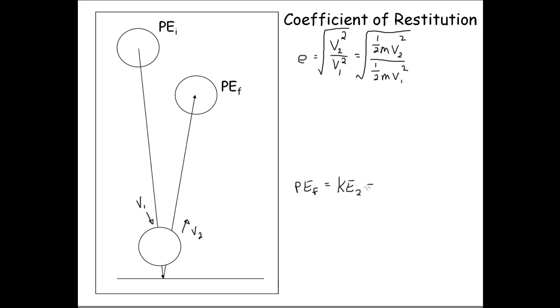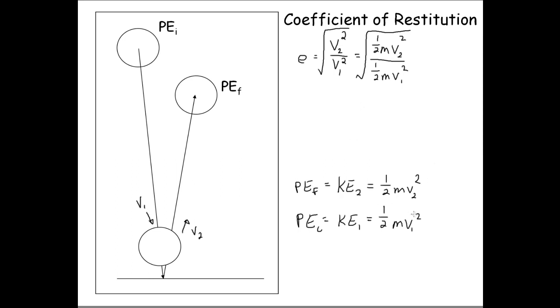And so that's going to equal 1/2 mv2 squared. And likewise on this side, because I'm dropping it, all of my initial potential energy at this location is going to turn into my kinetic energy down at this location. So PE initial equals KE1, which equals 1/2 mv1 squared.